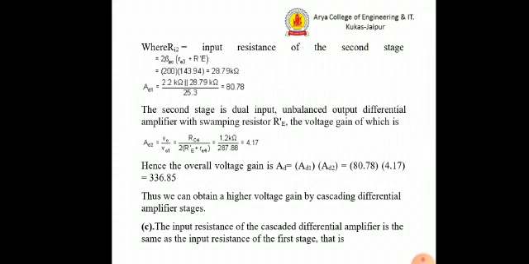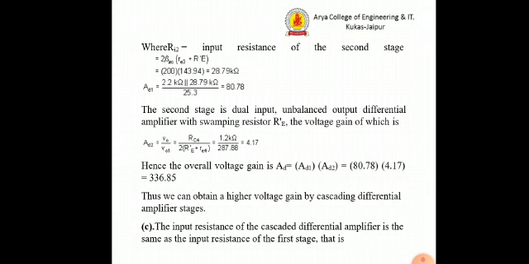The voltage gain of this one, V output upon V output 1, is equal to 4.17, and the overall voltage gain of the cascade is equal to the gain of the first stage times the gain of the second stage, and hence the product gives us 336.85.